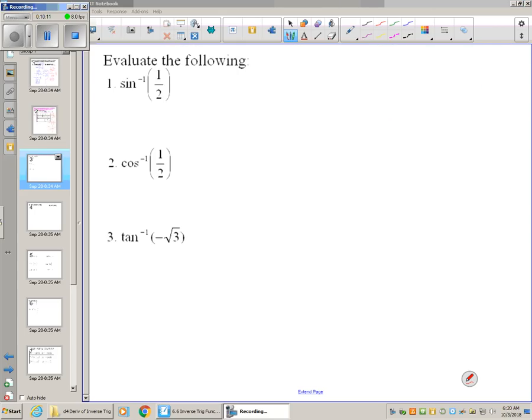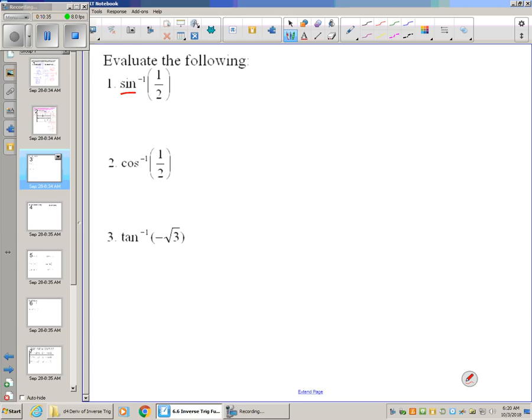These next few slides I'm not going to spend too much time on. I might do one example on the board and then just give you the answers for the others. These next ones you've done before. You're just trying to find the corresponding angle measurement or radian that gives you these values, 1/2 and negative square root of 3.